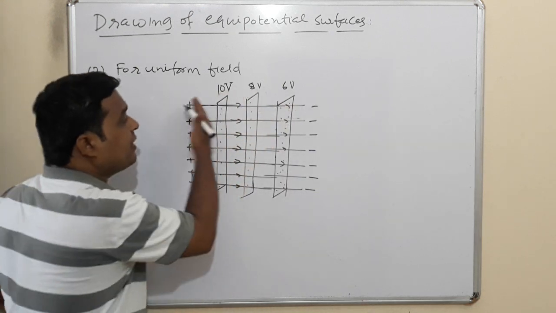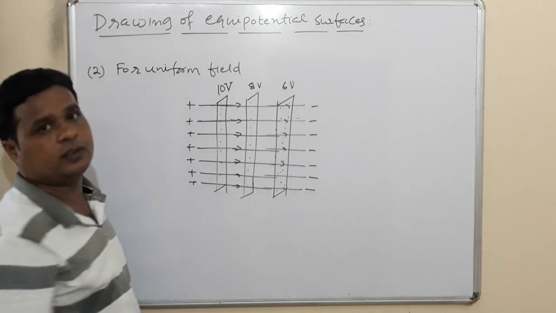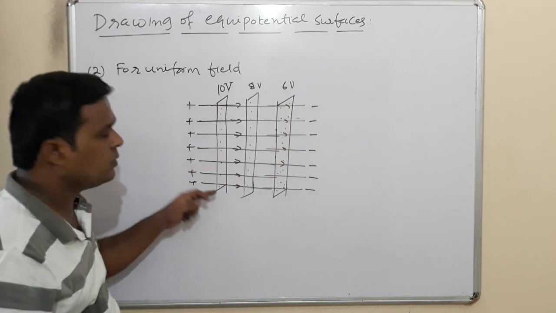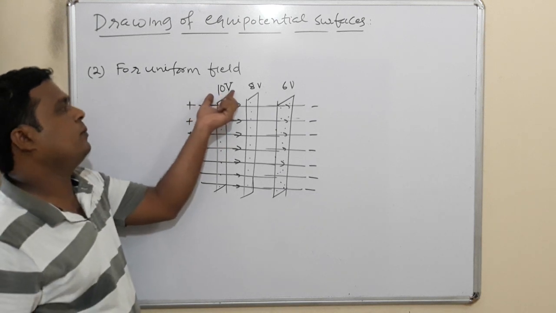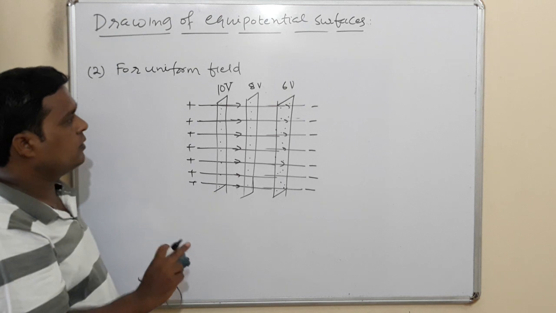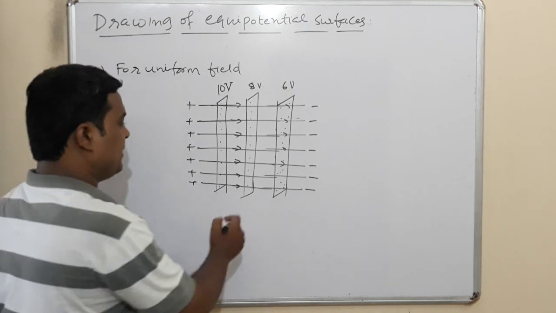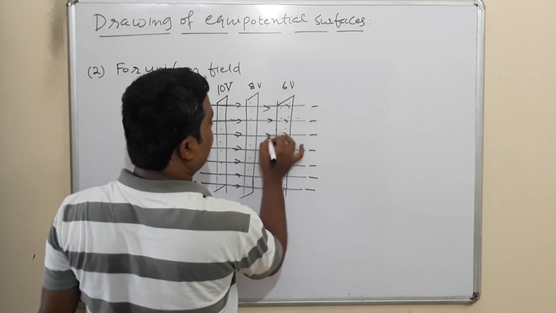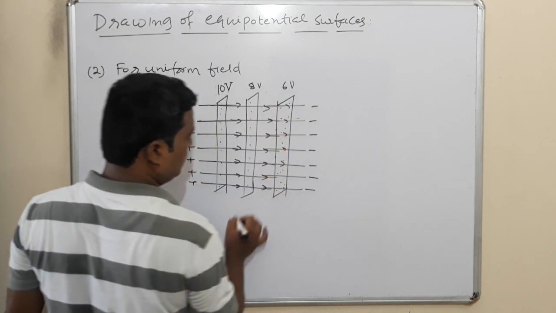It does not mean that all the surfaces should have the same potential. On a particular surface, every point should have the same potential. Suppose the potential at one point is 10 volt, that means the potential at all the points on that surface should be 10 volt. Okay, what are the shapes of these? This indicates the direction of the electric field.